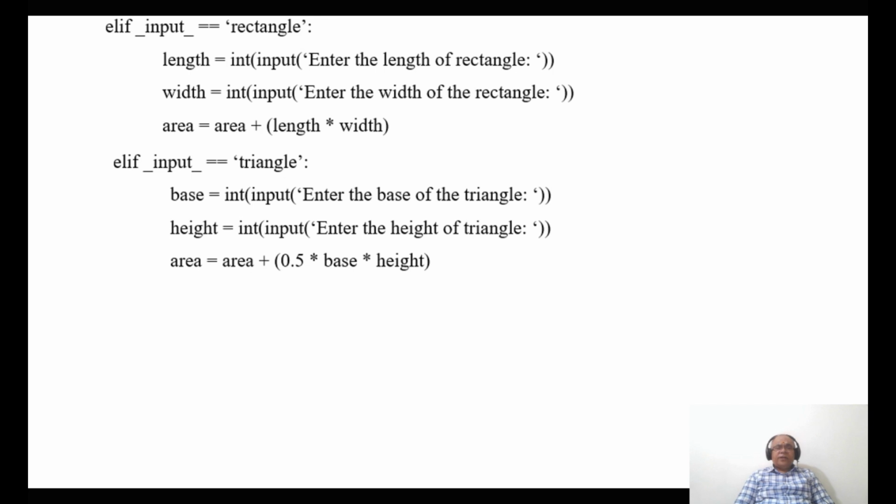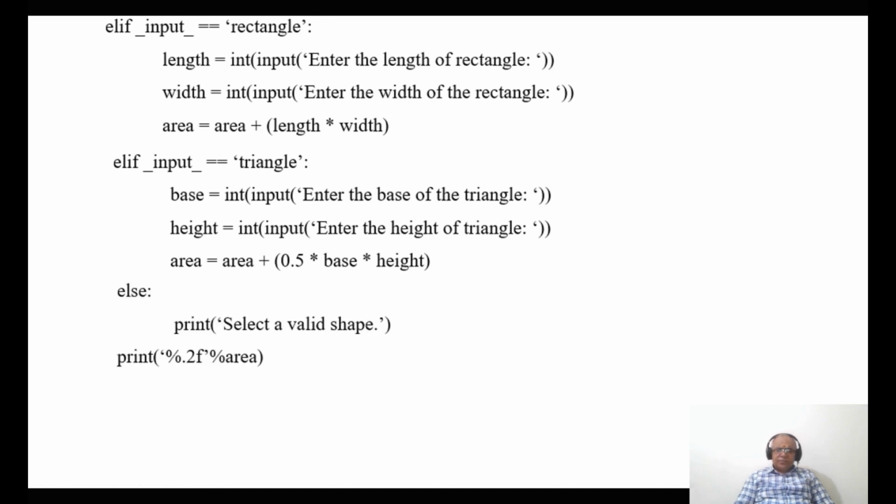Suppose you are trying to find out the triangle. Elif input equals triangle. Then what is the area of the triangle? Half into base into height. So base is equal to int input, enter the base of the triangle, and height is equal to int input, enter the height of the triangle. Area is equal to area plus half, which is 0.5, into base into height.